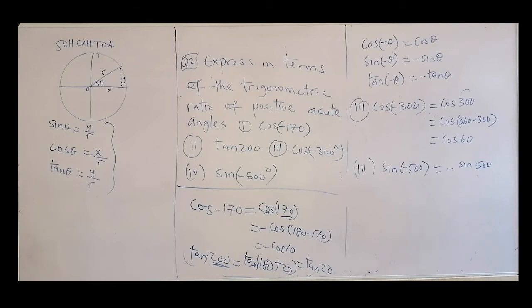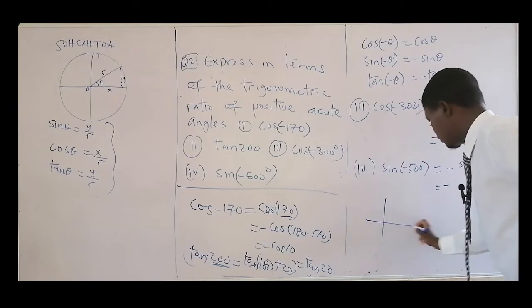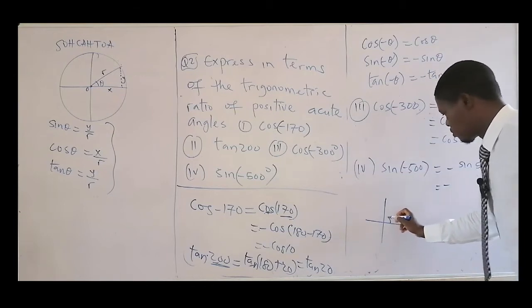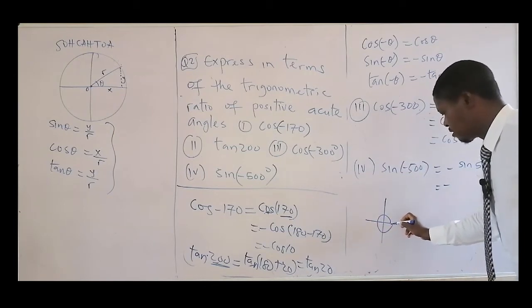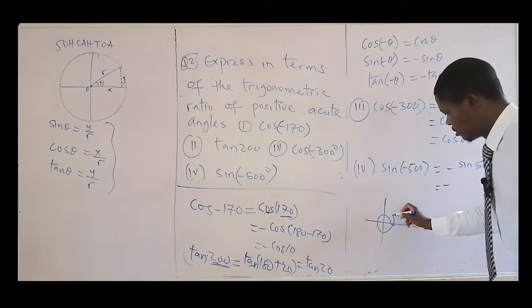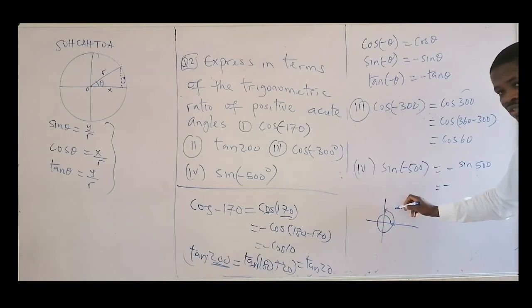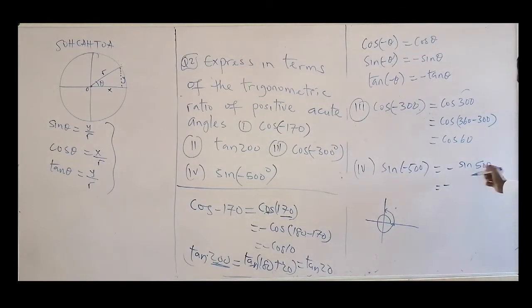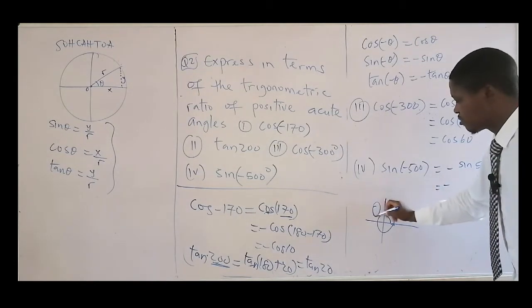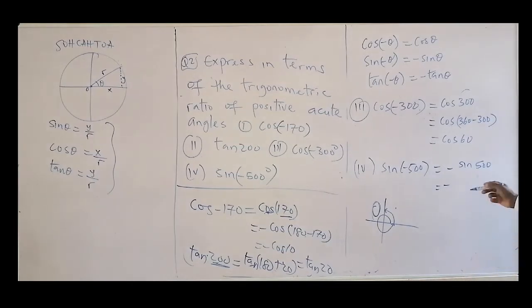Then the question now is, don't forget that if you go on like that, this is 360 complete, plus another 90 making 450 to this place. This value is more than 450, so it's in this region.